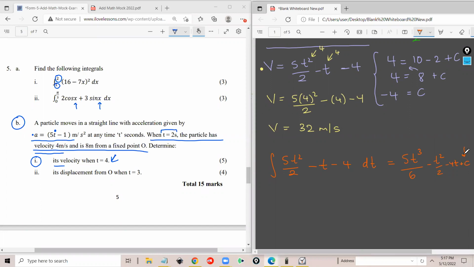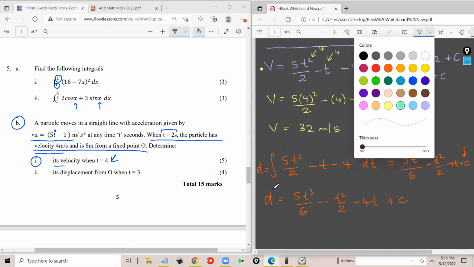But we still need to find what? C. So when t is 2, the displacement is 8. So we have the formula for displacement. Displacement is 5t cubed on 6 minus t squared on 2 minus 4t plus c.